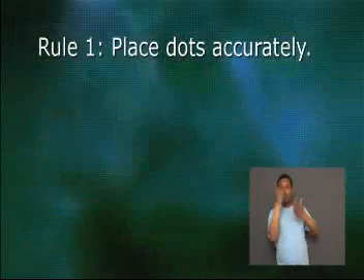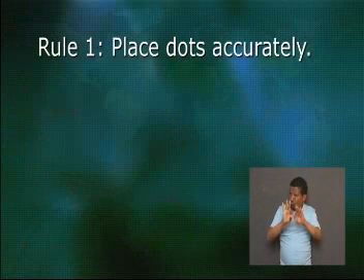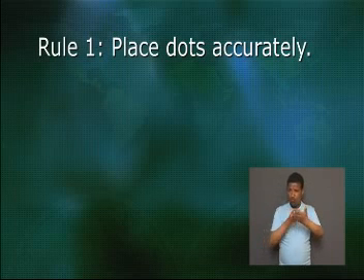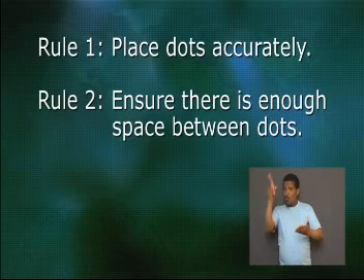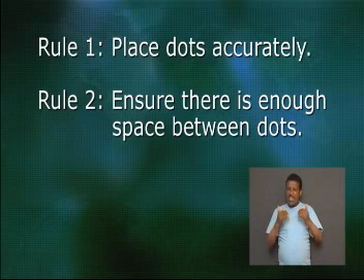Excellent work, everyone. I am sure you have excellent ideas about how to create a dot map clearly. There are 3 essential guidelines for making dot maps. You must be sure to place the dots accurately on the map. You must also be sure that there is enough space between the dots to distinguish them.